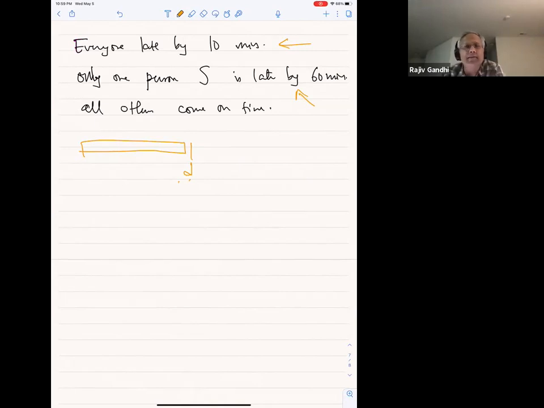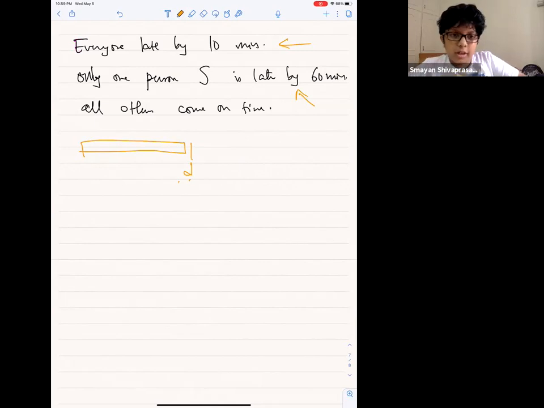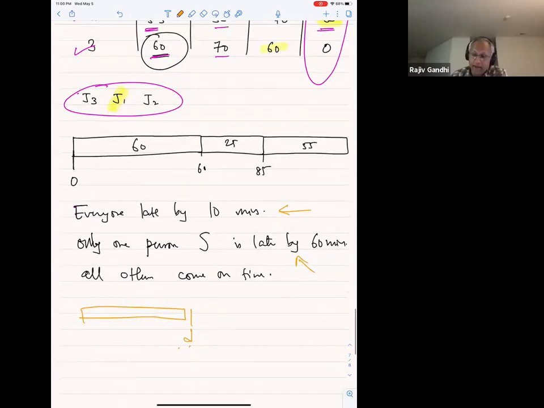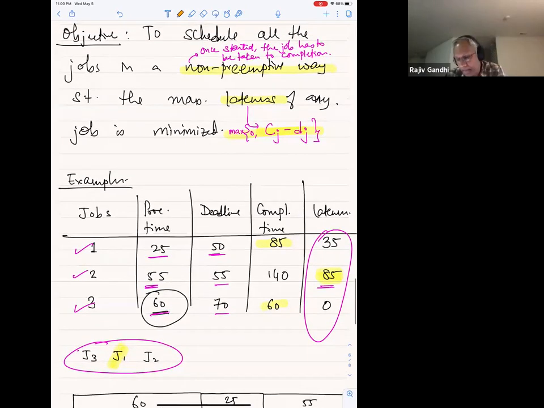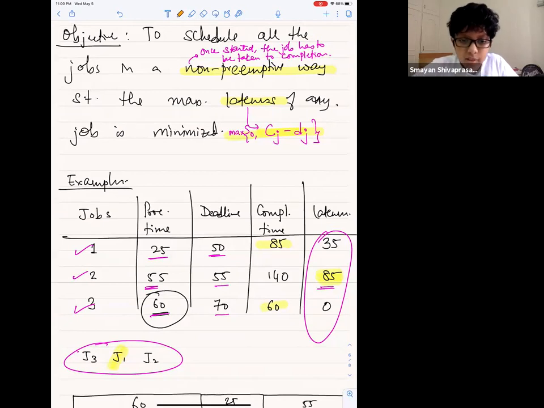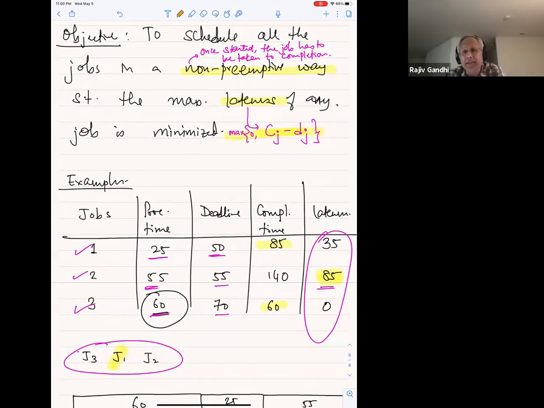Smayan, help us. So the objective is to minimize the latency or lateness, right? Maximum lateness, yes. To minimize the maximum lateness, yes.